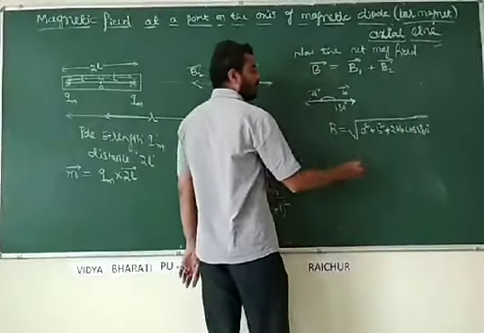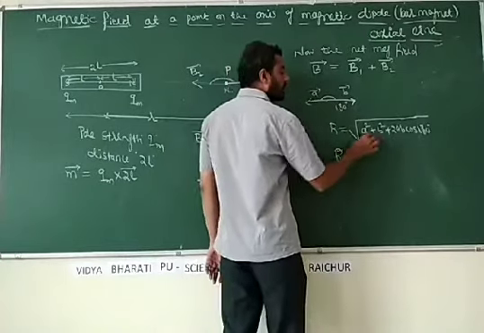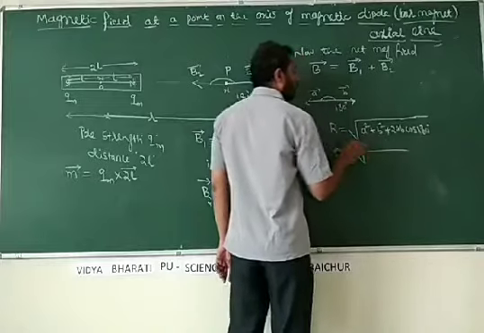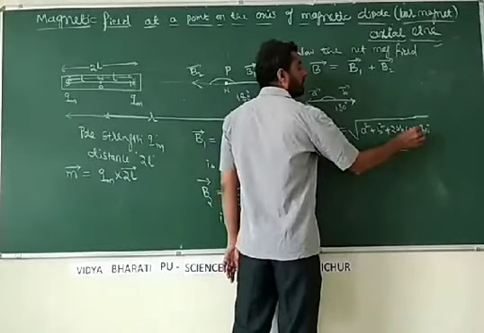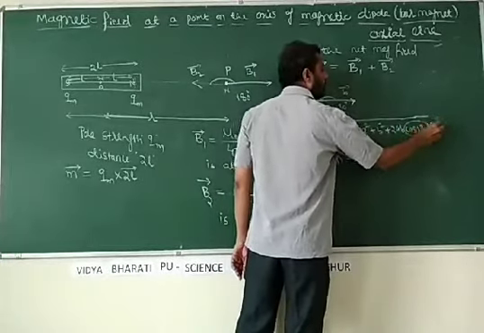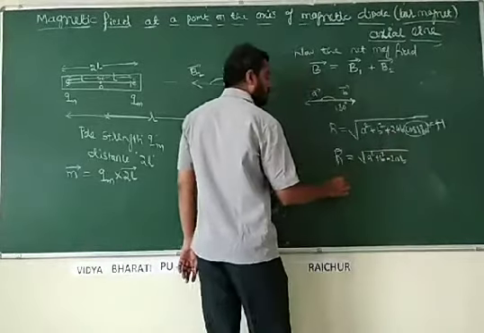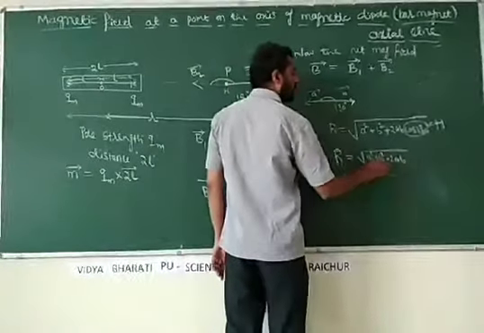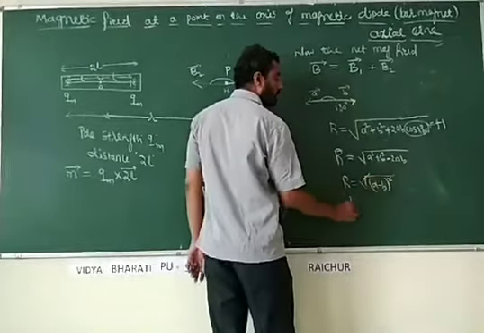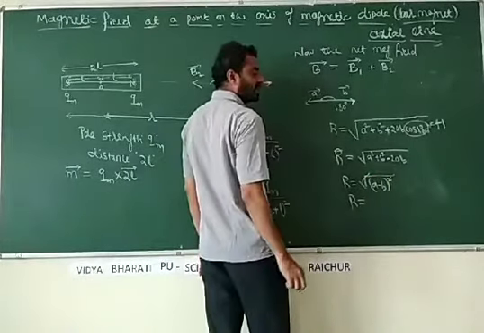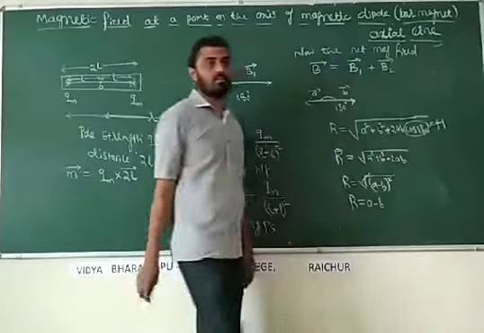Cos 180 is minus 1. Then the magnitude of the resultant becomes R equals A square plus B square, cos 180 equals minus 1, this will be minus 2AB. Finally, R is equal to square root of (A minus B) whole square. The square root will get cancelled. The magnitude of the resultant vector, the net vector, is equal to A minus B.